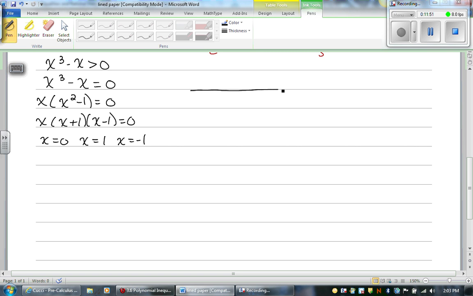We're going to start our number line. We've got negative 1, 0, and 1. Then we go to our test points. So let's say between negative infinity and negative 1, we choose negative 2. So when I plug negative 2 in, I get negative 8 plus 2, which is negative 6. Between negative 1 and 0, let's say negative 0.5.